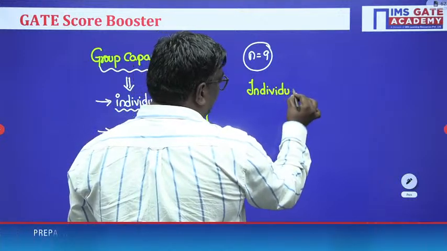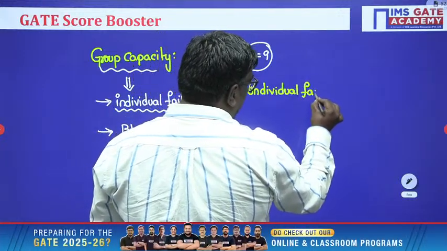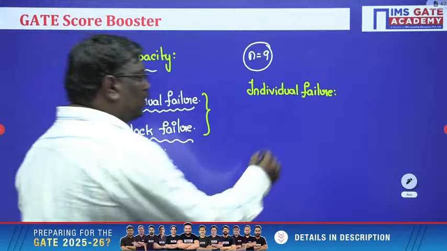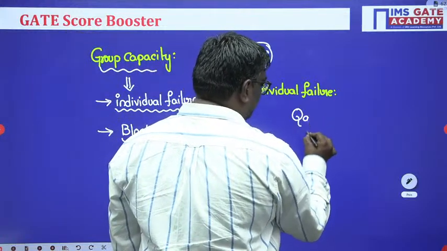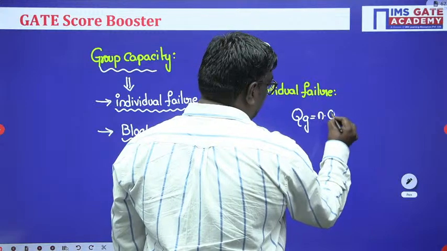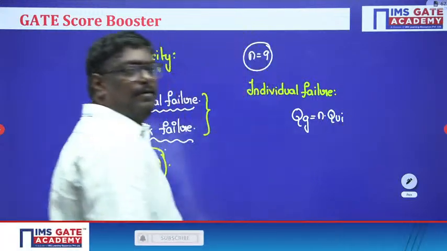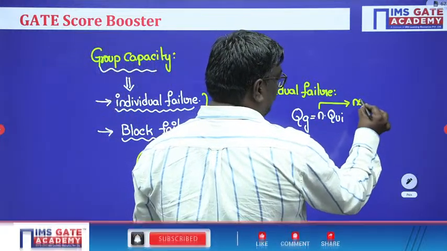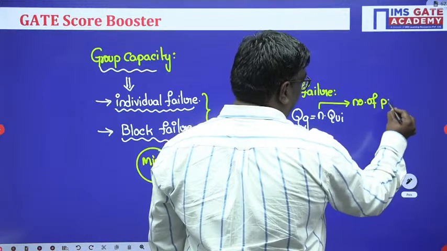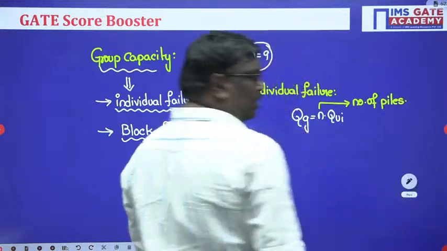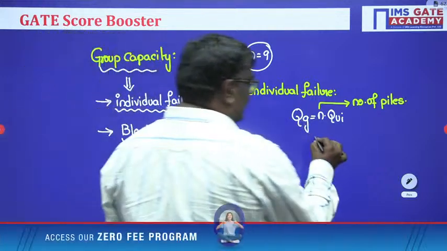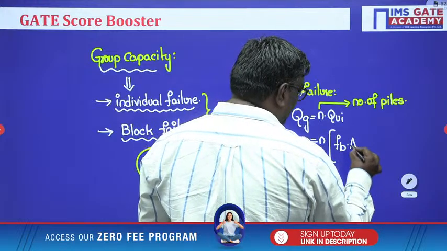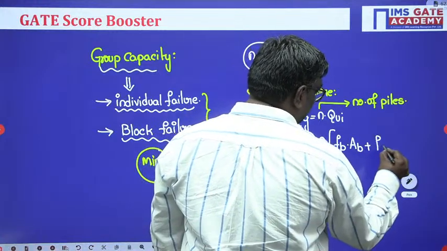When I talk about individual failure, group capacity QG is equal to n into QUI, where n represents the number of piles. So here you can write QG is equal to n into (Fb into Ab plus Fs into As).